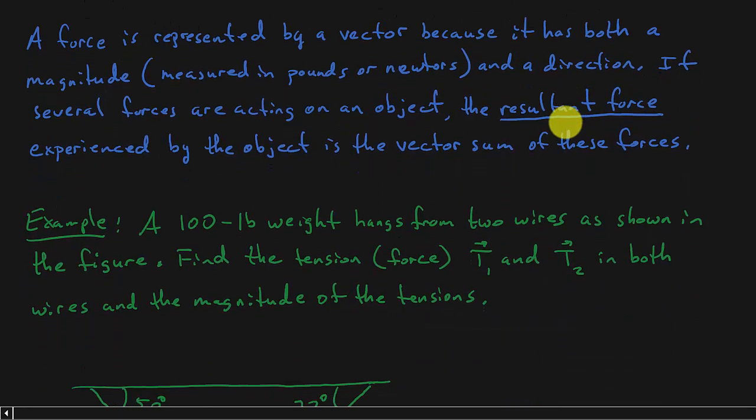Last problem. This is our last example here. It says a force is represented by a vector because it has both a magnitude, measured in pounds or newtons, and a direction.